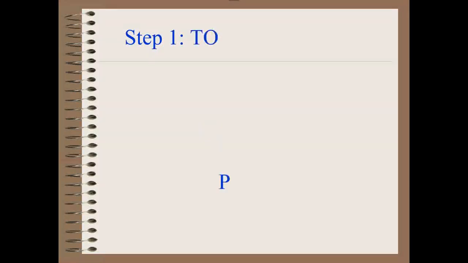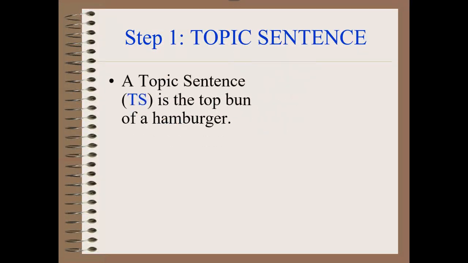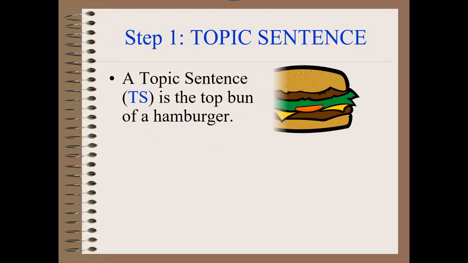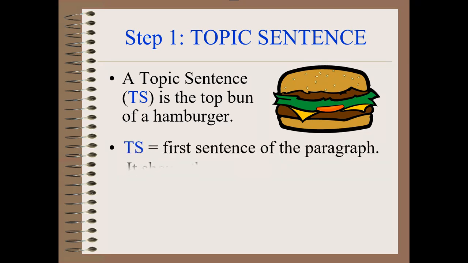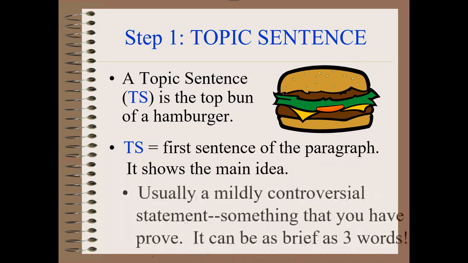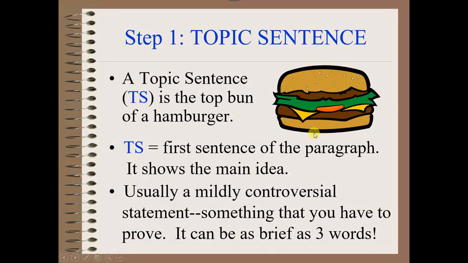Okay, so Jane Schaffer developed this little method, and it has become known as a hamburger model. Why hamburger? Well, basically the topic sentence could be referred to as this piece of bread, which is called a hamburger bun.